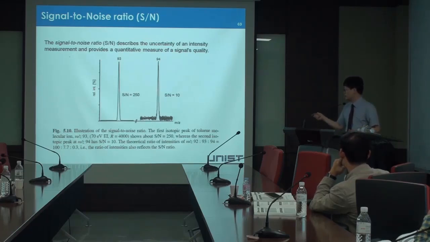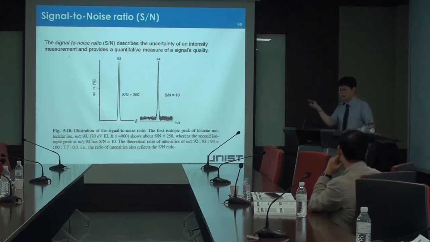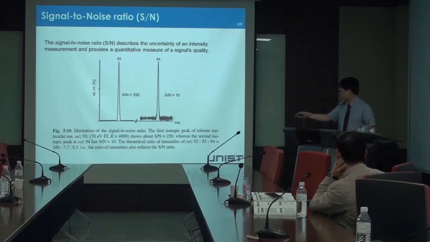This is a very basic concept for identification and quantification of chemicals. Generally, S/N ratio 2.5 or 3 is the guideline for identification. Below this level, the noise level and peak level cannot be perfectly distinguished, and in those cases we say it's not detected.